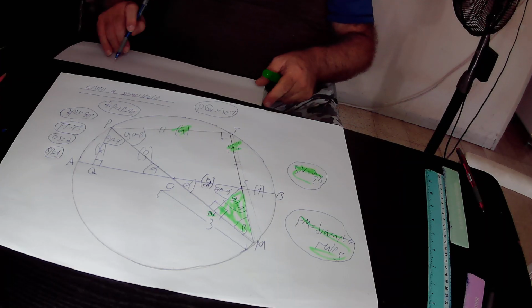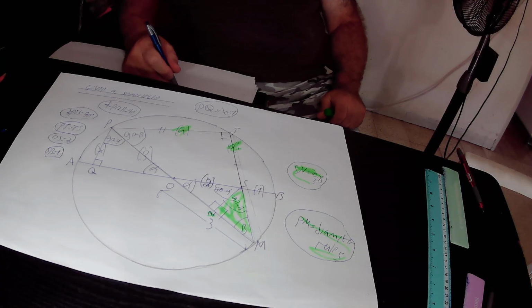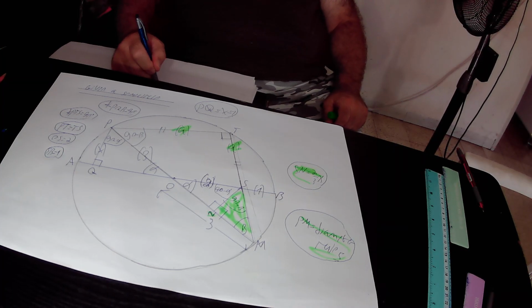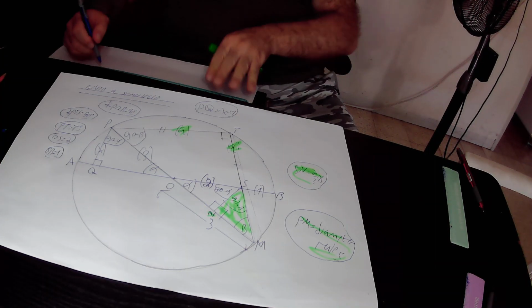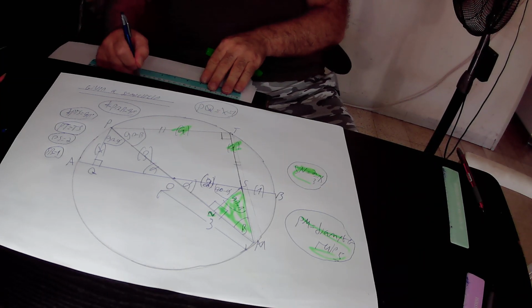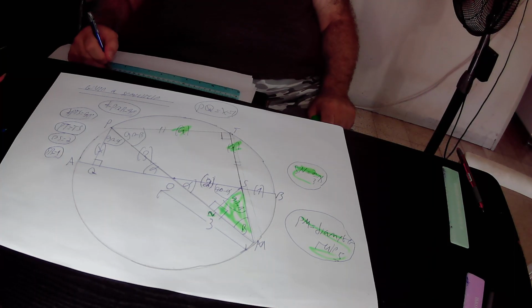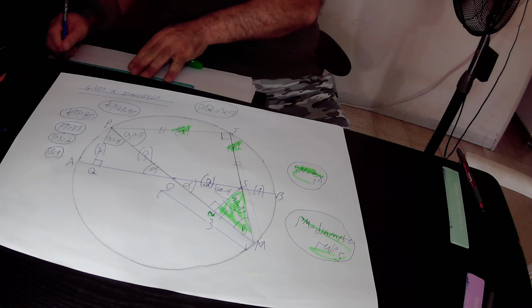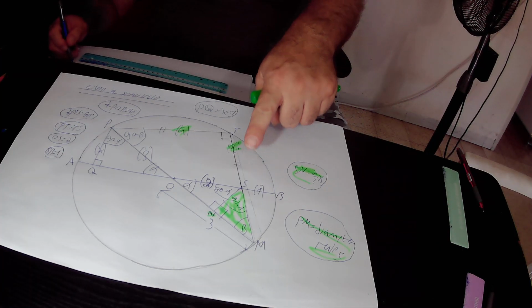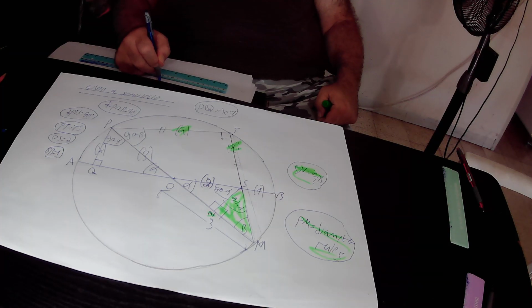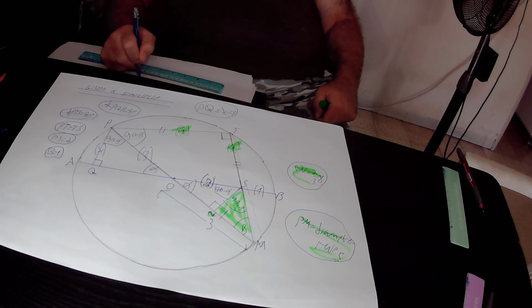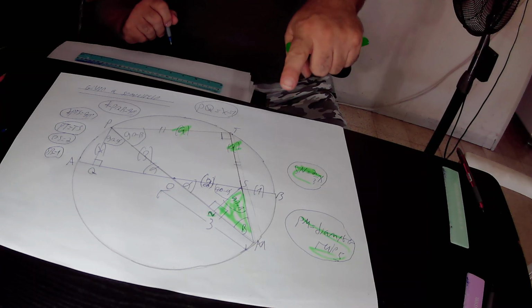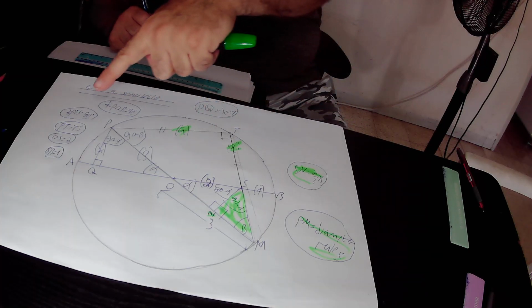So at the moment we found out that in our original domain, chord TM intersects with chord AB at point S. Point S is the intersection point of chord TM with chord AB.